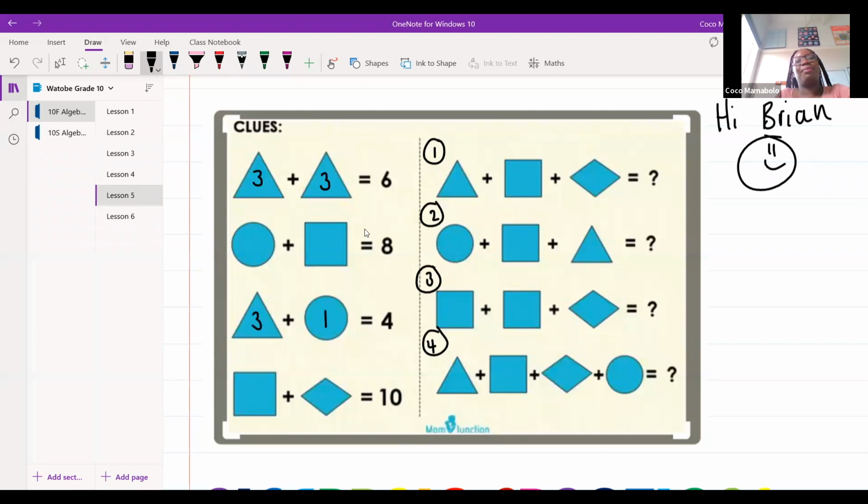Excellent. And then something plus 1 is going to give me 8. So obviously it's going to be 7. So the square is going to be 7. Excellent. And then since I know that a square is a 7, I'm just going to say 10 minus 7, and it's going to say that the kite or parallelogram, whatever it is, is going to be 3.